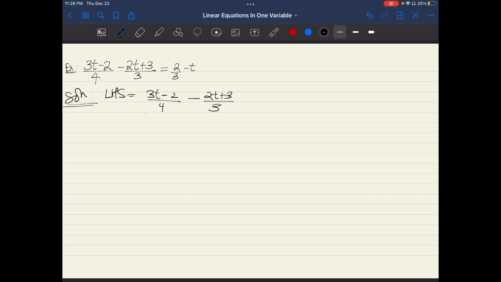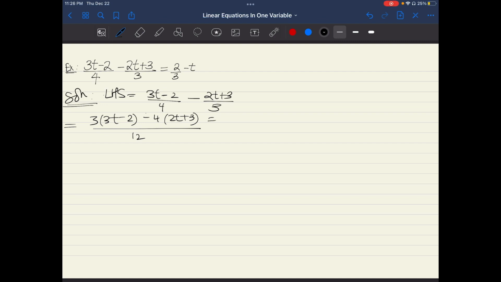And upon simplifying this, we get denominator of 12, 3 times 3t minus 2 minus 4 times 2t plus 3.